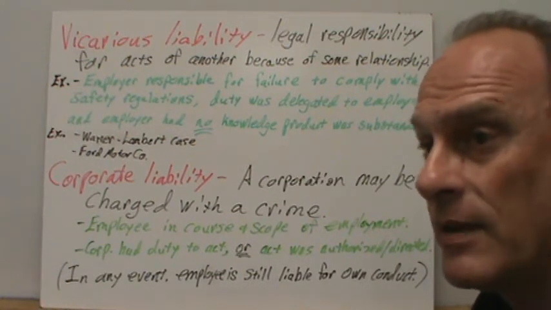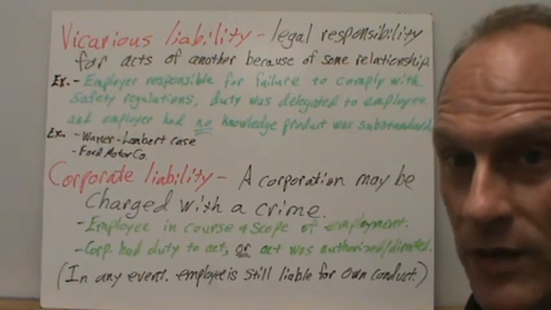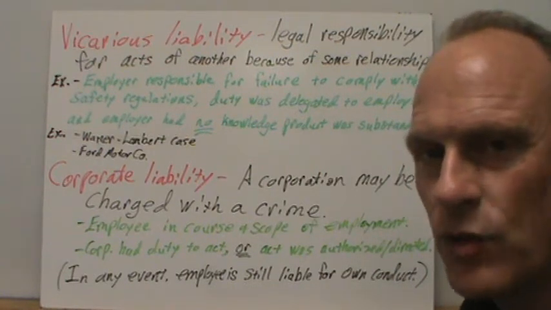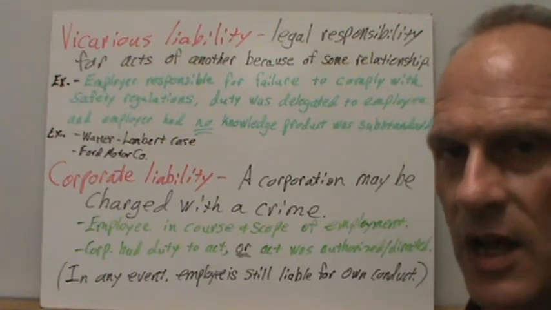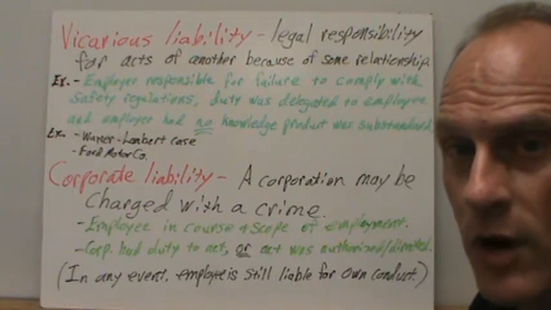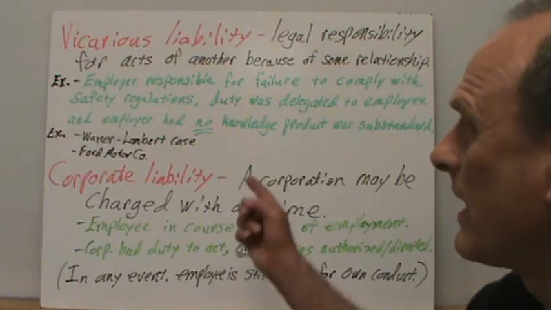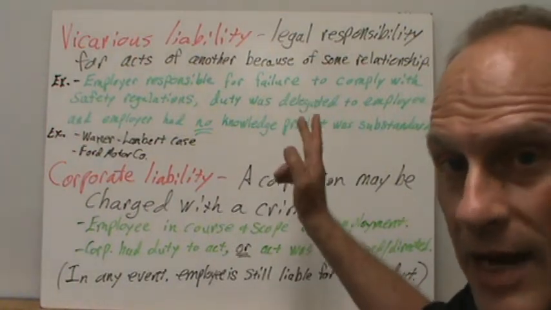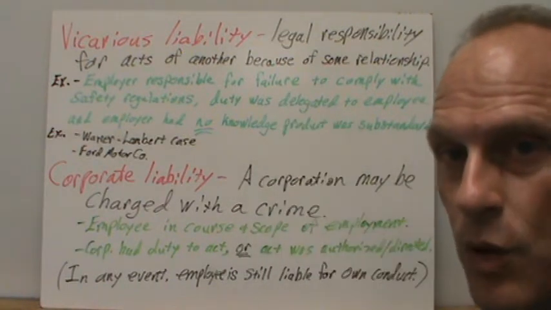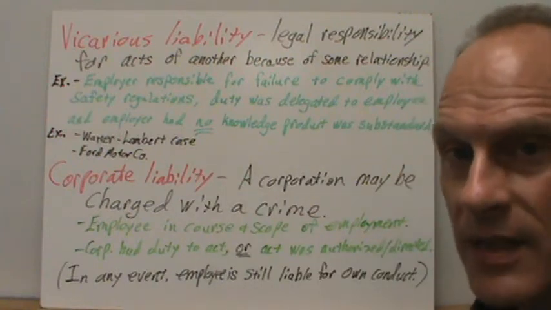Even though the employer did not know that the employee wasn't following the regulations, let's say it's a product or a service that had to meet a certain standard, the employer may not have even known that the work was substandard. But depending on the circumstances, the employer may very well be held liable for that employee's wrongful act. Examples would be frequently cited in textbooks and such.